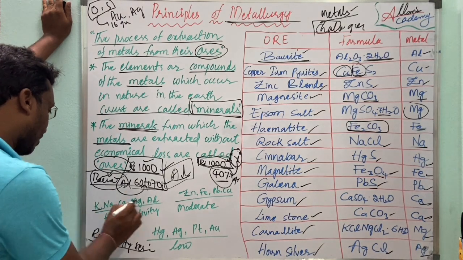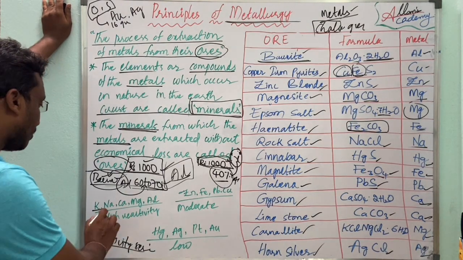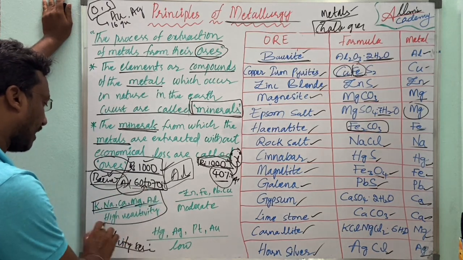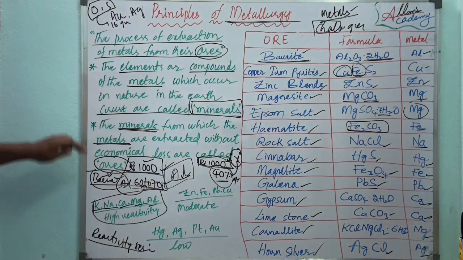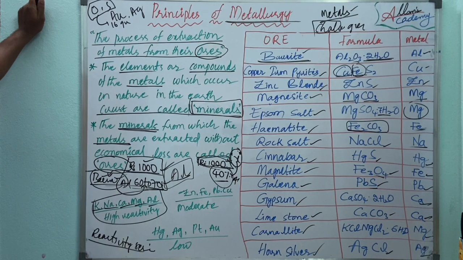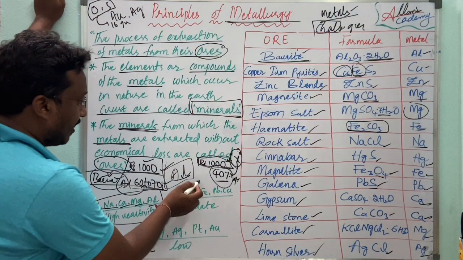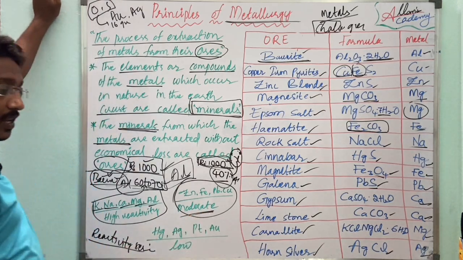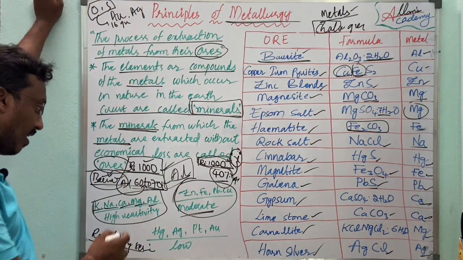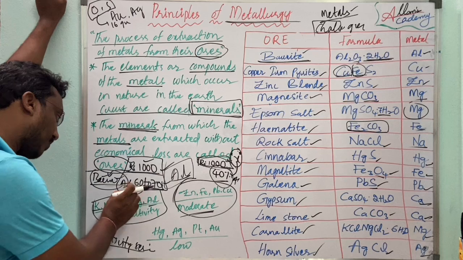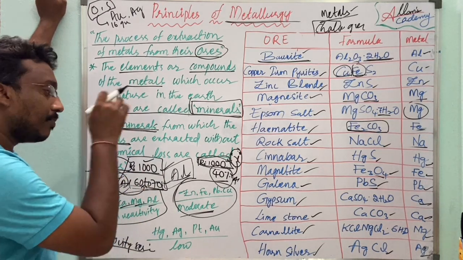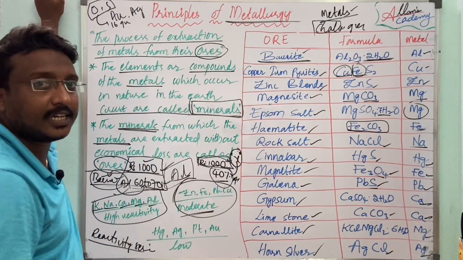Here K, potassium, sodium, calcium, magnesium, aluminum, these are highly reactive elements. And here zinc, iron, lead, copper, these are moderately reactive. The highly reactive metals are most probably present in the combined state only.